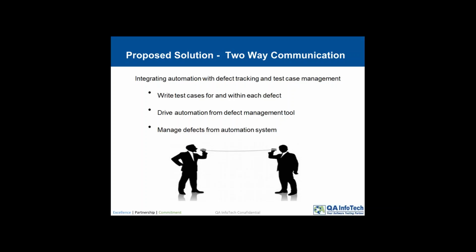This way, we are able to manage the defects from the automation system, because eventually, once the execution completes, the results are posted back to the defect tracking tool by the automation script itself.